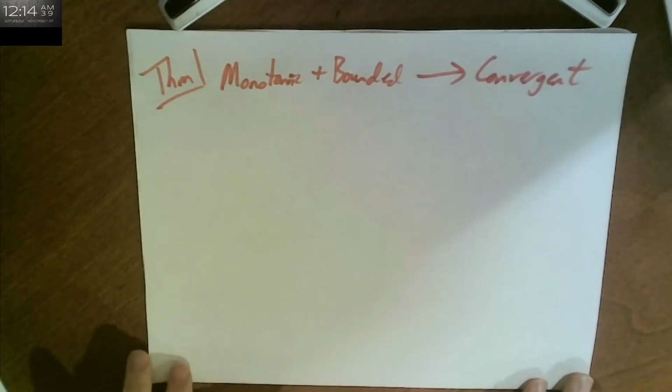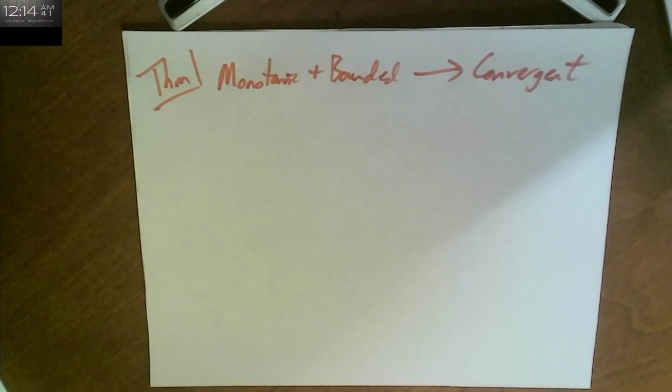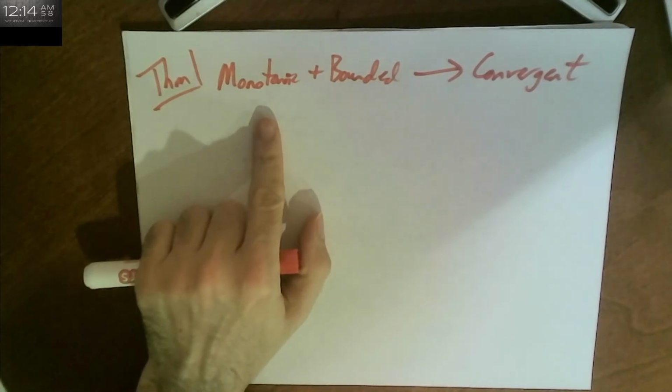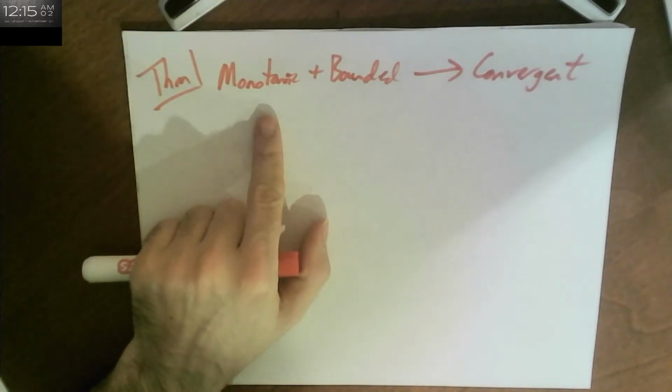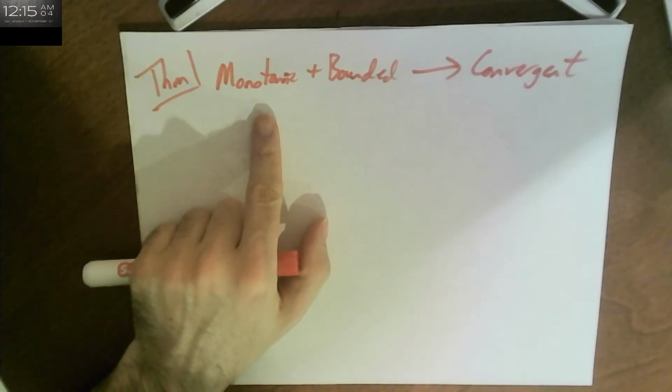And what was monotonic again? Non-increasing or non-decreasing, which you can interpret based on the derivative, right? A positive derivative means increasing, a zero derivative means constant, and a negative derivative means decreasing. So you can check monotonic by turning a sequence into a continuous variable function, into an x function, and then checking about its derivative.